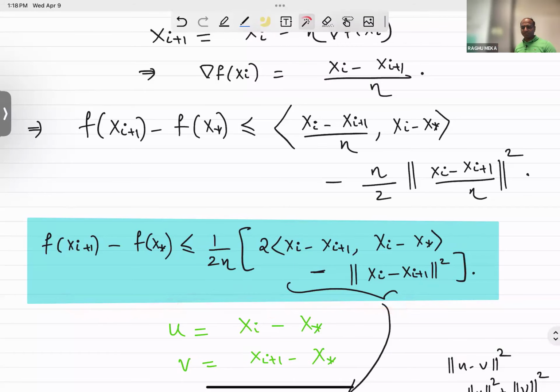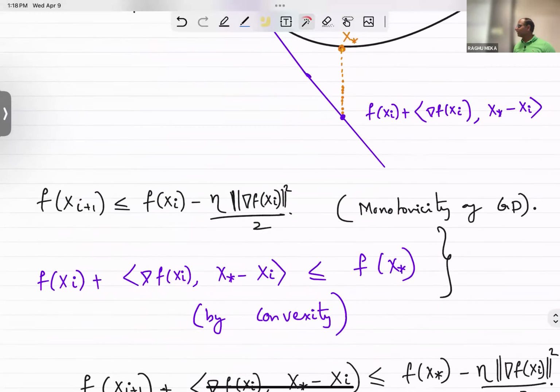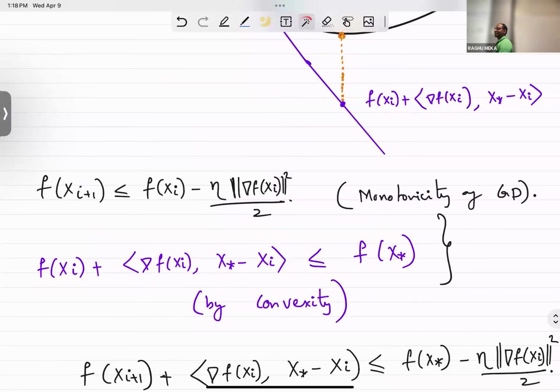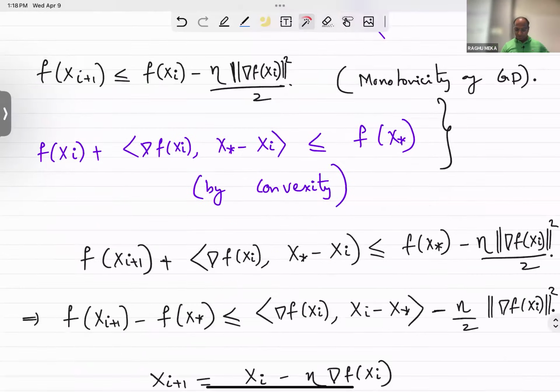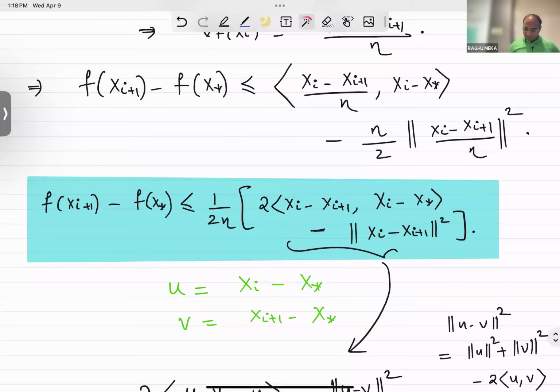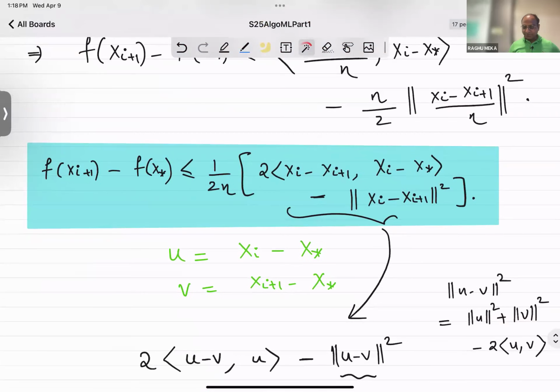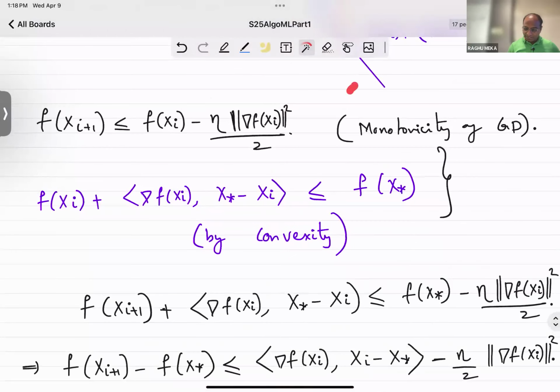So instead of doing everything from scratch, what you can really do is copy paste. The only thing that changed now is I have expectation on the left hand side, that's fine. But I have an additional eta sigma squared term, right? And that just goes through one step at a time. So we just follow through all of these calculations again, except we have an extra term here, which is this eta sigma squared by 2.